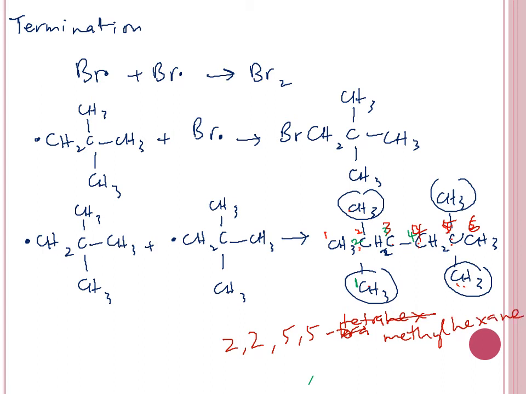So let me count again. 1, 2, 3, 4, 5, 6. Yes. 1, 2, 3, 4, 5, 6. Yeah, it's going to be 2, 2, 5, 5, however we count the carbon. So that's it for practice 5.2.